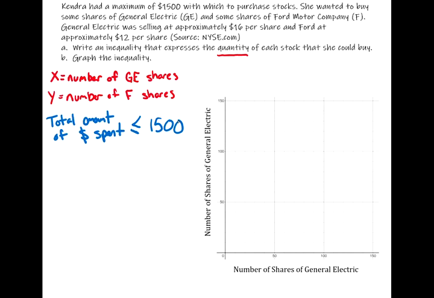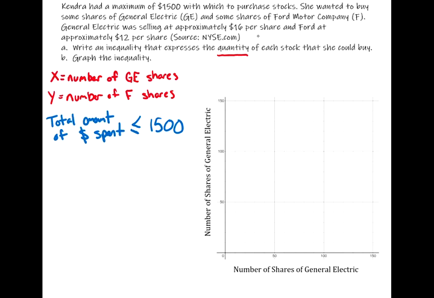Okay, so how much is she spending? She's spending some money on GE and some money on Ford. General Electric was selling at $16 a share. If she bought one share, it would be $16. If she bought two shares, it would be 2 times 16. If she bought 3 shares, it would be 3 times 16.